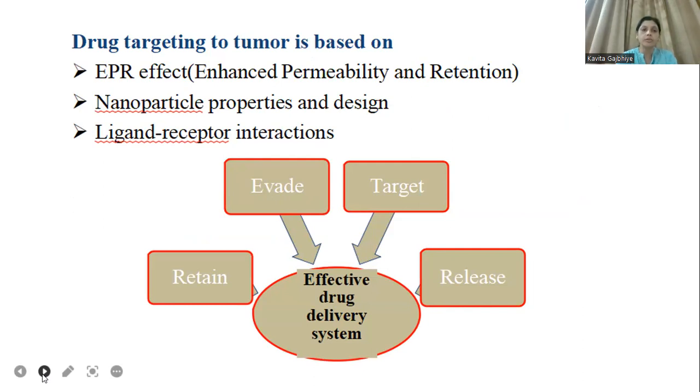Another phenomenon is the ligand receptor interaction, which must be very, very efficient. After that, efficient interaction makes it possible to deliver the drug to the depth of the microenvironment in a higher proportion. So an effective drug delivery system gives proper retention of the drug, proper release of the drug, and proper targeting of the drug with proper evading.